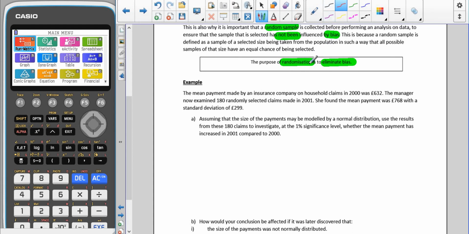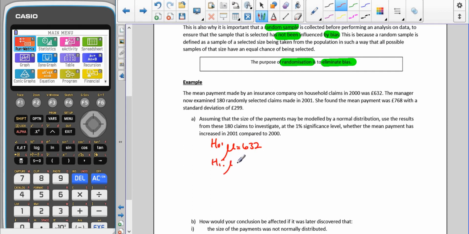So here we have a single sample of data, so that is our data from 2001 that we are experimenting on. And we have a large sample size, we have a mean and a standard deviation that we are talking about, so that means that this is going to be a normal hypothesis test. So it doesn't matter that we've only got the sample standard deviation because our sample size is sufficiently large. So our H0 is going to be that the mean is still 632.